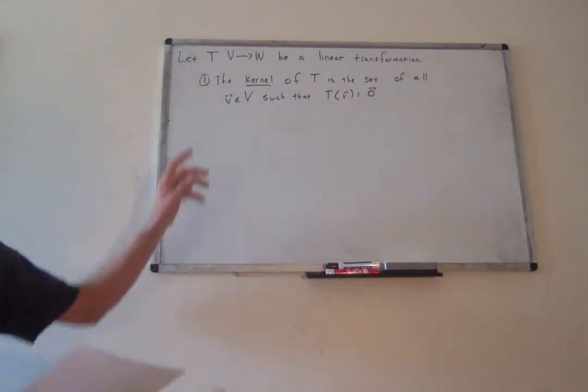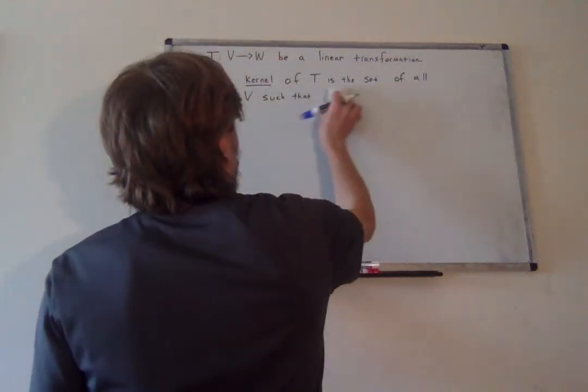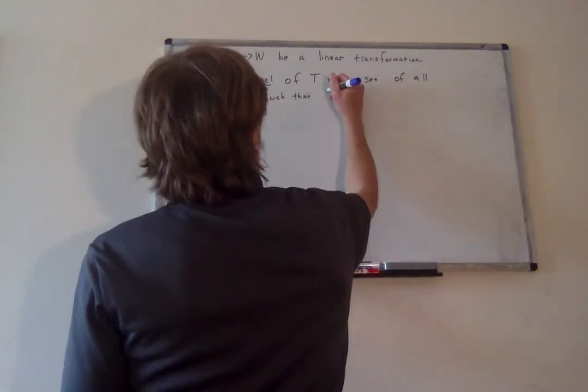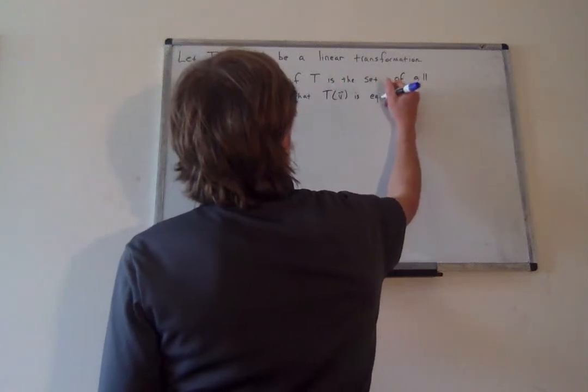And note again, be very careful here, and actually maybe I'll rewrite this a little more clearly, such that T of V is equal to the 0 vector in W.